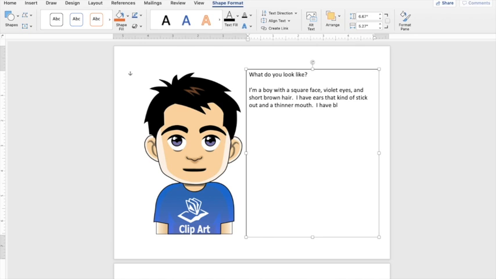I have black, bushy eyebrows." So here you can see that my question is short, but then I get a long answer. That's an example of a complex question. That is what we want when we're asking questions about our research topic.